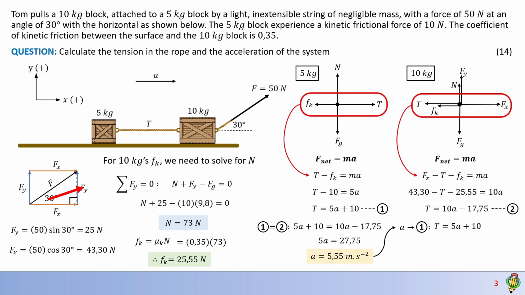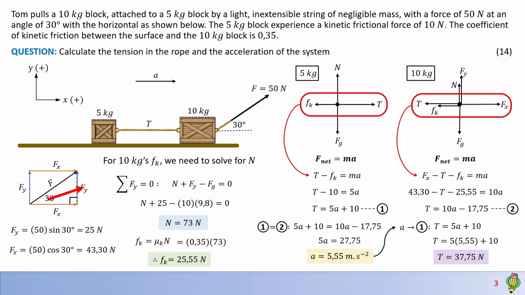Equation 1 says T equals 5A plus 10. I'll substitute A. Then I get T equals 5 times 5.55 for acceleration plus 10, which means my tension force equals 37.75 newtons. And we are done with that question. If you have further questions, address them in the comment section below.